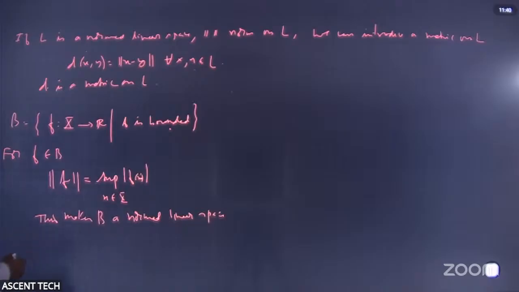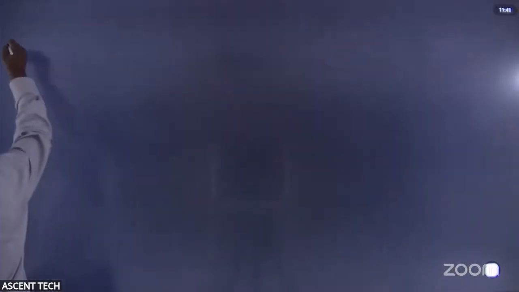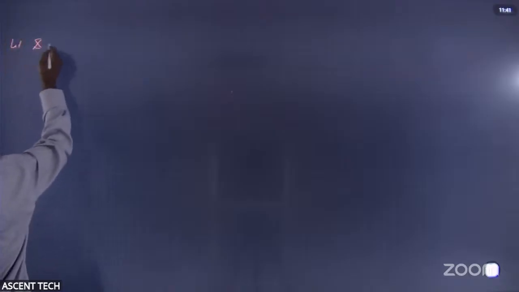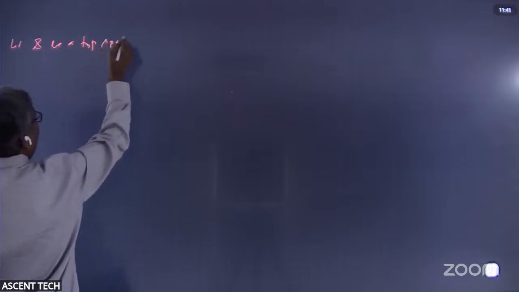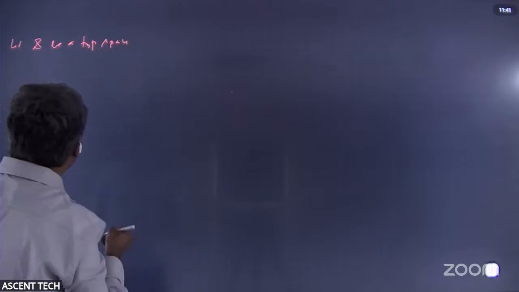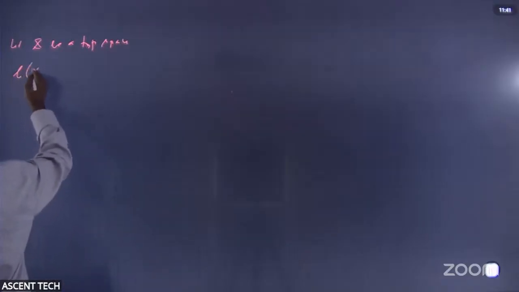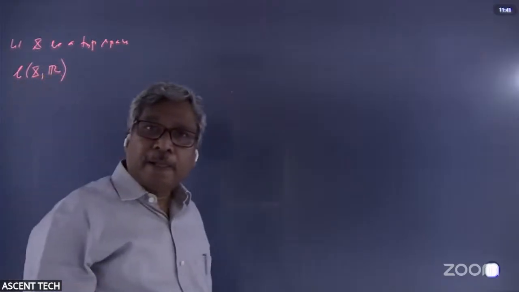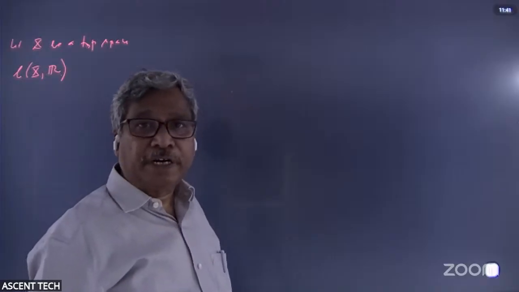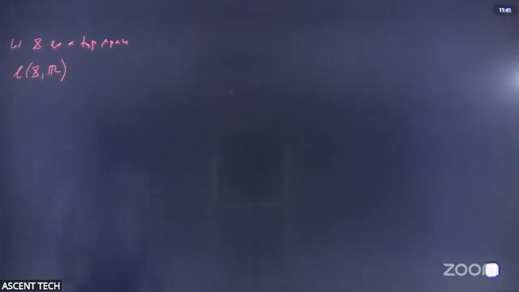For example, in general, suppose I take a topological space. X is not just any set. Let X be a topological space, it can be just a metric space also. And C(X, R) consists of all functions which are continuous on X, continuous and bounded also.